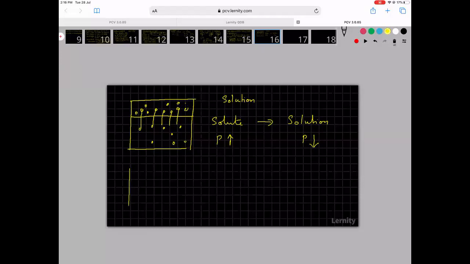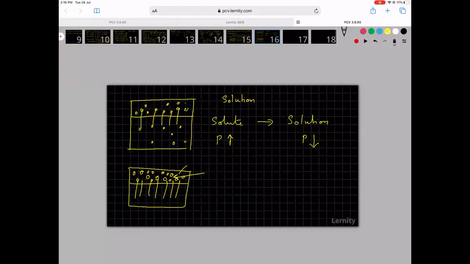So earlier everything was in equilibrium. Now you have increased the pressure of the gas by increasing the number of gas particles. So the system will move to decrease the number of gas particles. How will the number of gas particles decrease in a closed system? By more gas dissolving in the liquid.